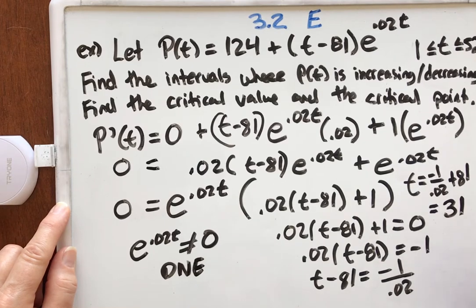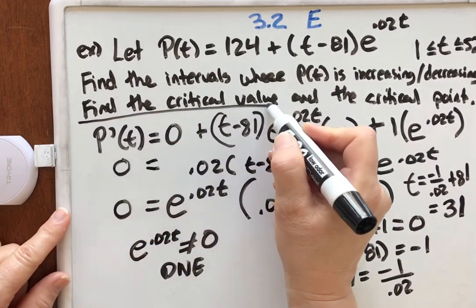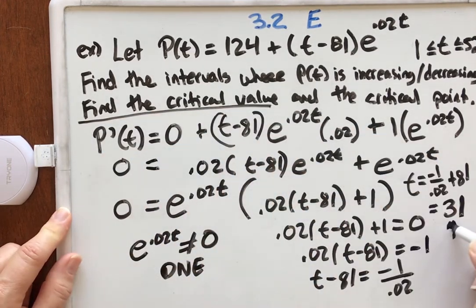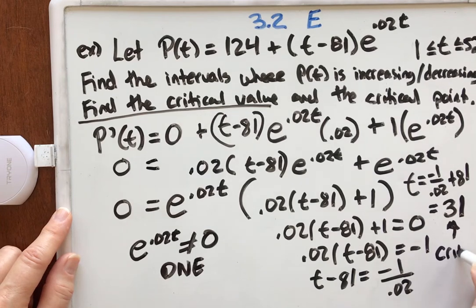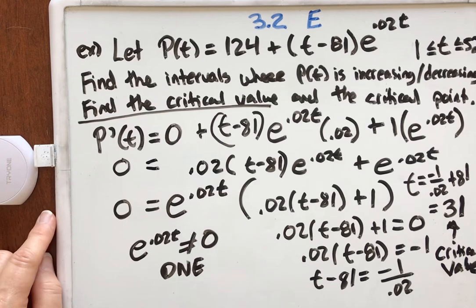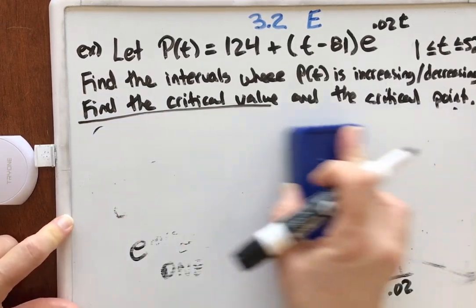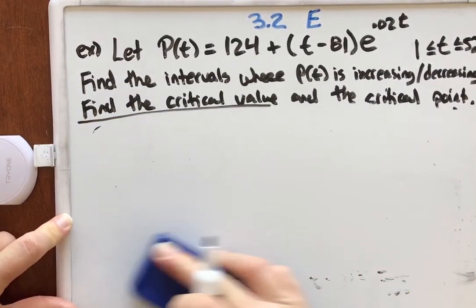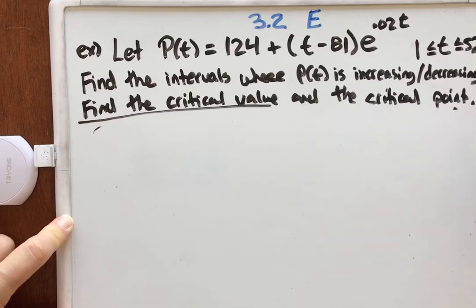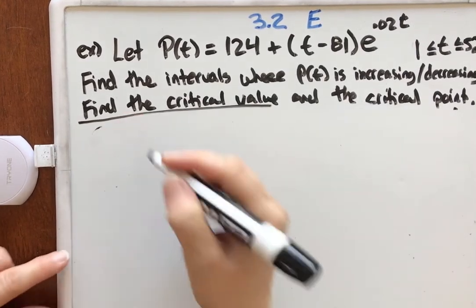All right, so what did we find? 31 is a critical value. So we found the first part. This is our critical value. Now we need to find our critical point. To find our critical point, we'll put the value into our original equation to find the y value, P of t.